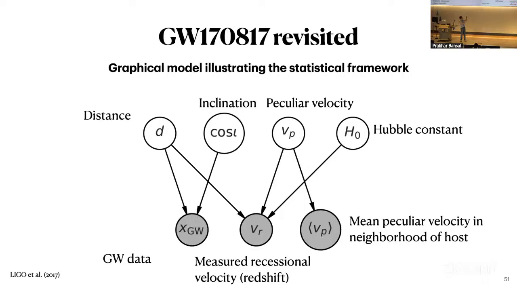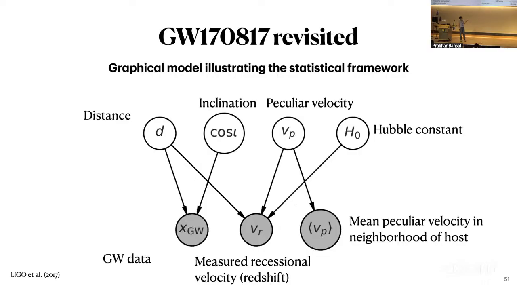The way to read this model is that these are the data sets that we have access to. X_GW here is the gravitational wave data. V_R is the measured recessional velocity of the host galaxy. And this V_P in brackets is a measurement of the peculiar velocity in the neighborhood of the host, like a mean peculiar velocity.